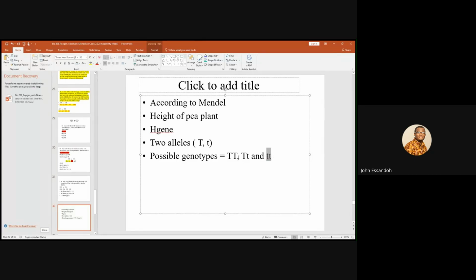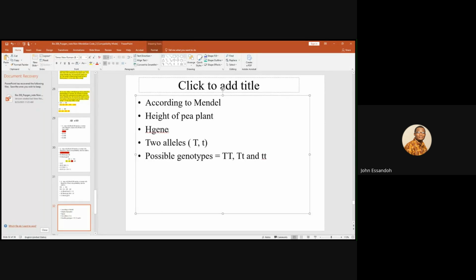This is what Mendel said. So according to Mendel, there should be only one gene controlling height, but the gene has multiple variants. The variant of the gene is the allele, capital T or small t. We have three possible genotypes: homozygous dominant, heterozygous, and homozygous recessive. That's what we know from Mendel.